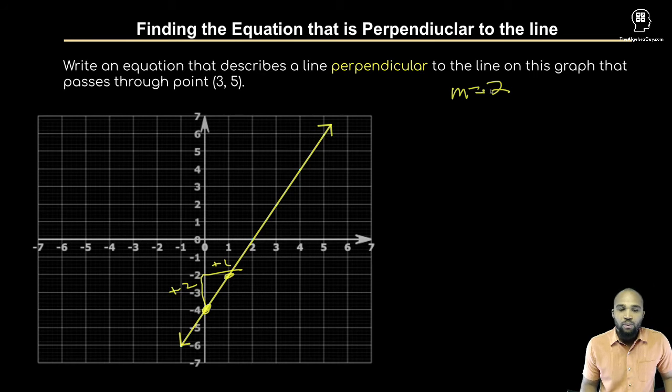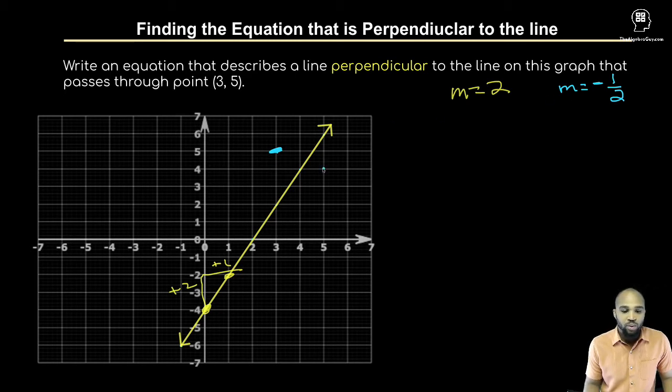So if that's the original slope, what does the perpendicular slope need to equal? My perpendicular slope will have to be the opposite sign, in this case negative, and reciprocated. So the reciprocal is negative 1/2. So I could take the point 3, 5 right here, and start to apply that slope.